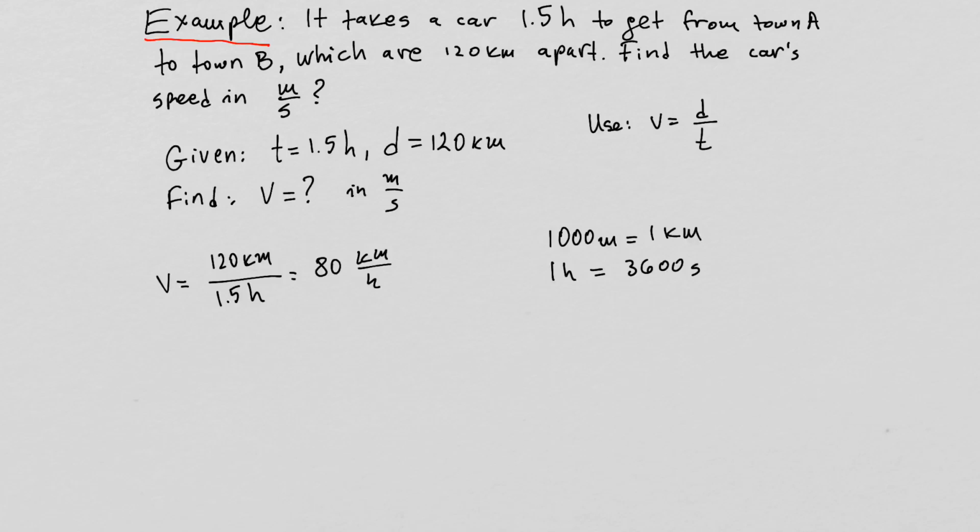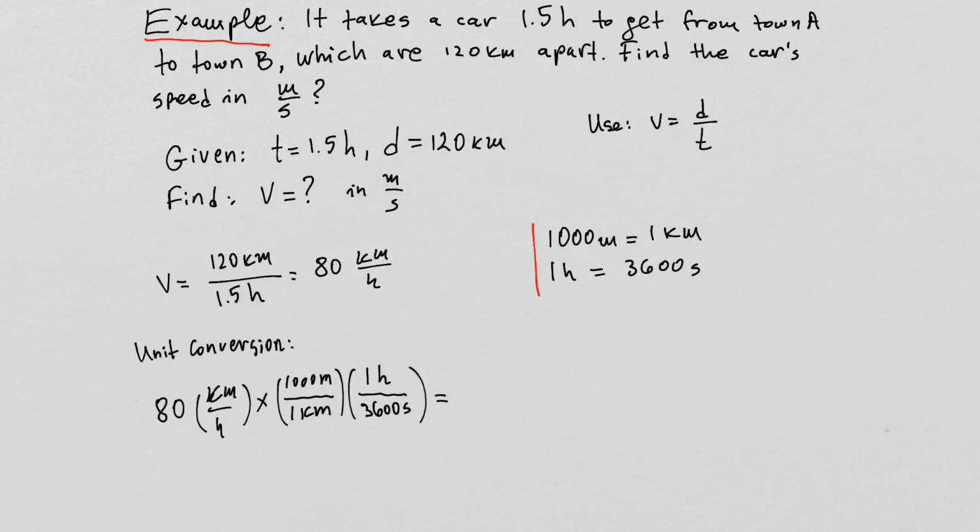Okay, so now notice that my old units here are kilometers and hours, and kilometers are in the numerator and hours are in the denominator. So then I must create conversion factors from those two relationships that will ensure that I can cancel out the old units and end up only with the new units, which would be meters per second.